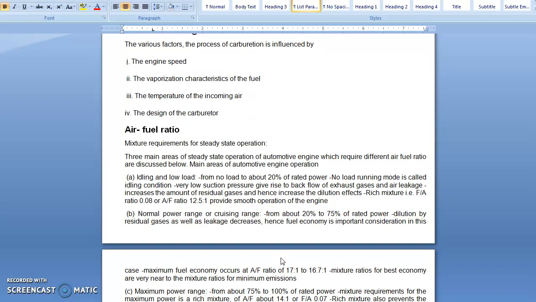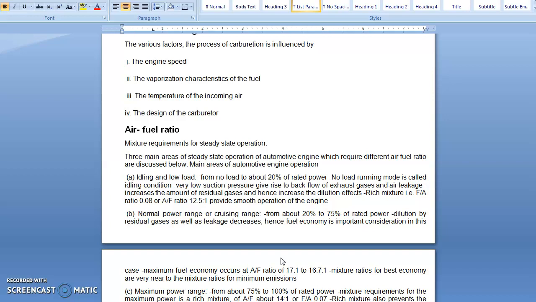The air-fuel ratio is the ratio of air and petrol which is prepared in a carburetor in a process called carburation. For better understanding of this air-fuel ratio, let us discuss a graph.